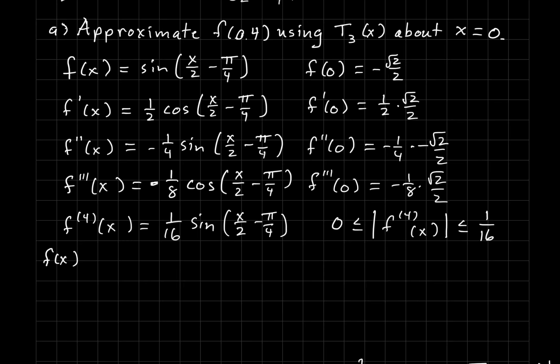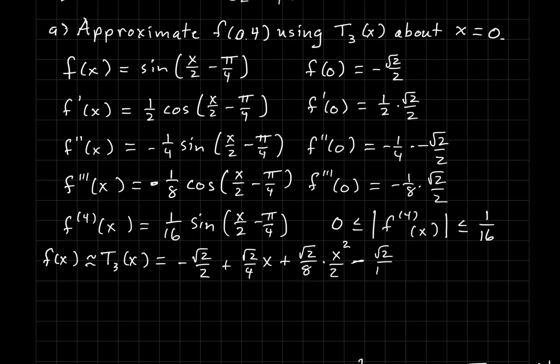So f of x about x equals 0 is approximated by my third degree polynomial, which is f of 0 plus f prime of 0, root 2 over 4 times x minus 0. And then I have plus root 2 over 8, it's going to be positive, times x minus 0 squared over 2 factorial, which is 2. And then minus root 2 over 16 times x minus 0 cubed over 3 factorial.